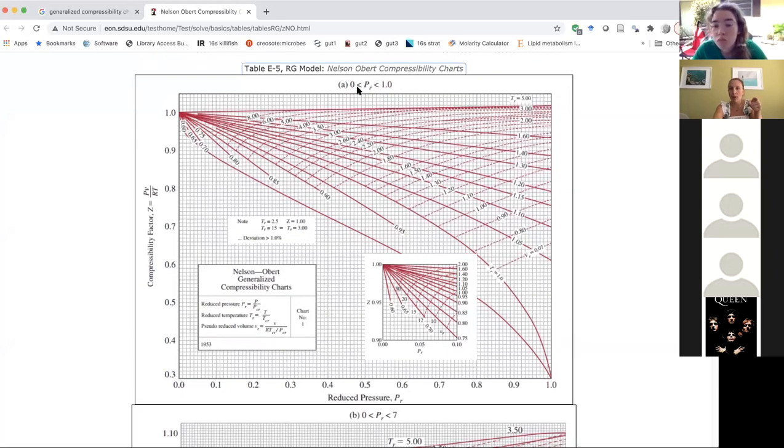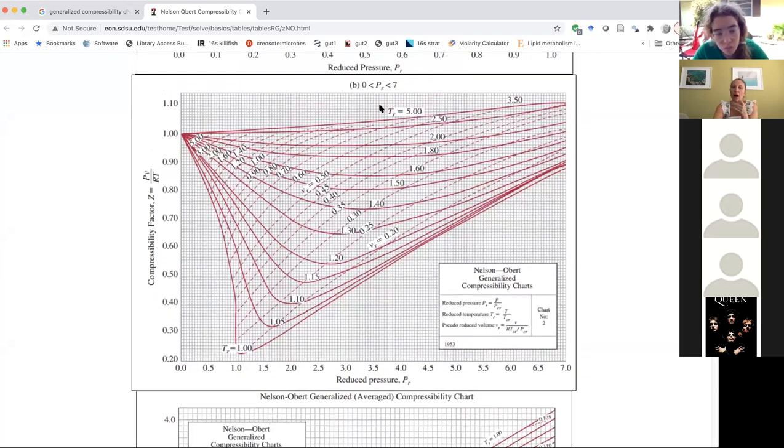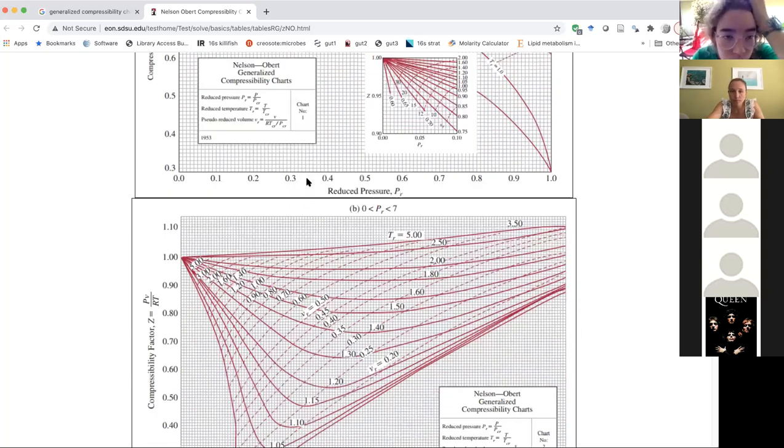The top one's for lower pressures, pressure reduced between 0 and 1. And then the lower one is for your higher pressures. We're going to assume based on our first two answers that this is likely a higher pressure. Also, when we look at our temperature reduced values and our pseudo reduced specific volume values, if we look at this top one, our pseudo reduced specific volume values are all higher than we need. And that makes sense because our pressure is much lower.